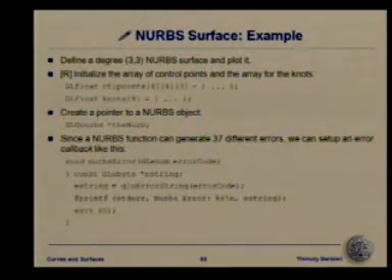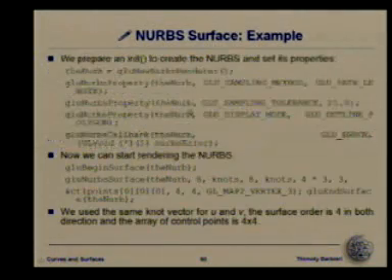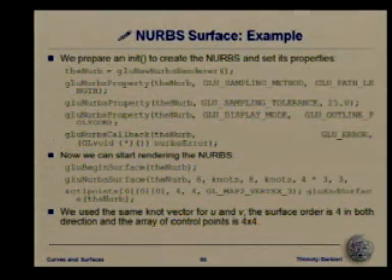For NURBS, what you have to do is define the array of control points, the array of knots, then you define the NURBS surface.